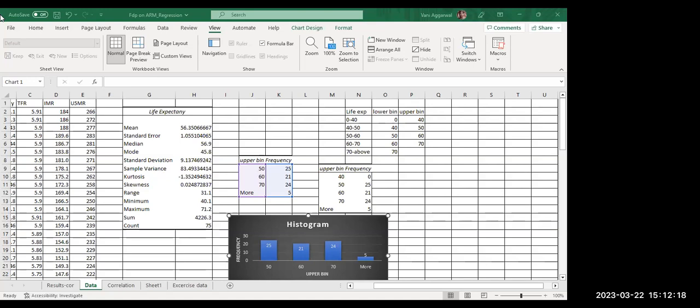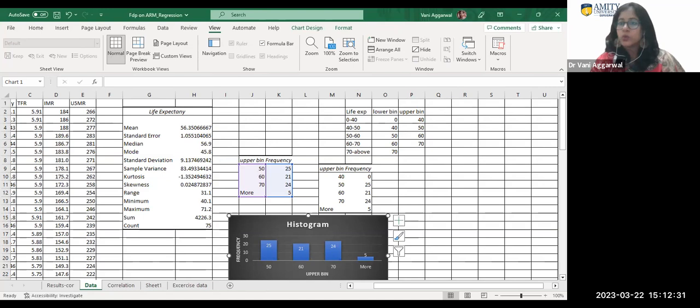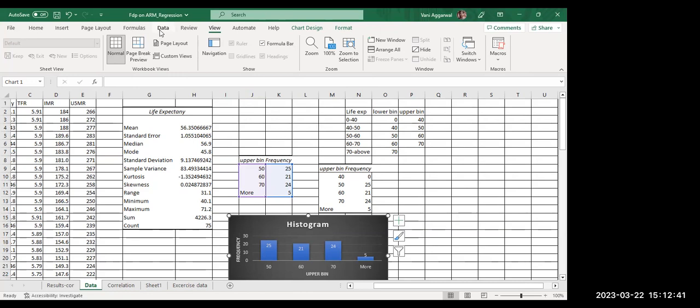Excuse me, ma'am. Yes. Ma'am, I'm able to do it till upper bin frequency, but for the diagram, this chart, where to get this chart? Histogram? Go to data analysis. Under data analysis, histogram option is there. No, I did all this and I got this upper bin frequency.